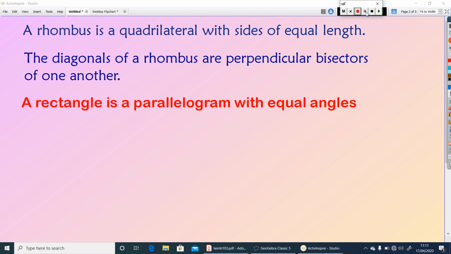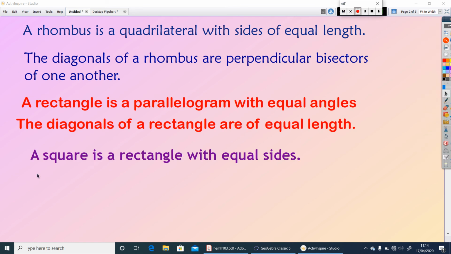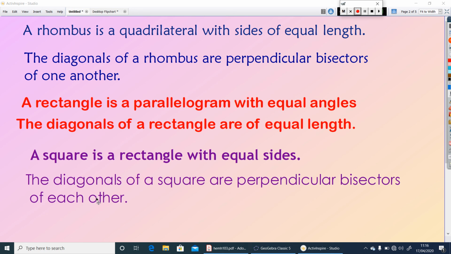That means each angle is 90 degrees. Now, one of its properties: the diagonals of a rectangle are of equal length. Next, we discussed a square. A square is a rectangle with equal sides, and the property of a square: the diagonals of a square are perpendicular bisectors of each other.